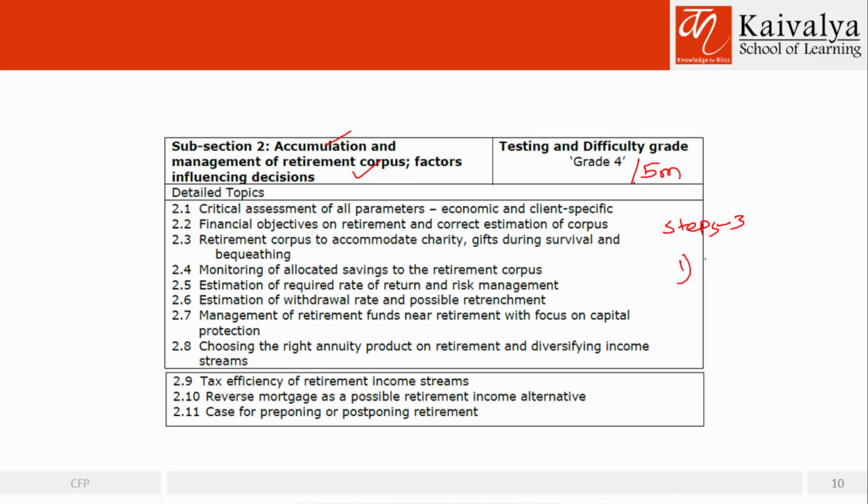Step 1 is estimation of expense, step 2 is finding out the corpus, and step 3 is making investment for it. Fine, so it is going to have similar steps, but they would create some issues. They will tweak one of the components of the goal. Other than that, nothing much is going to be covered.